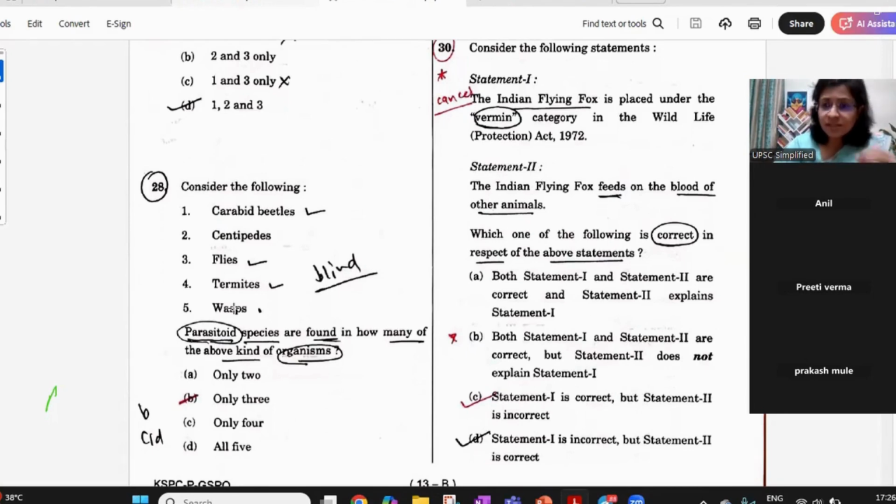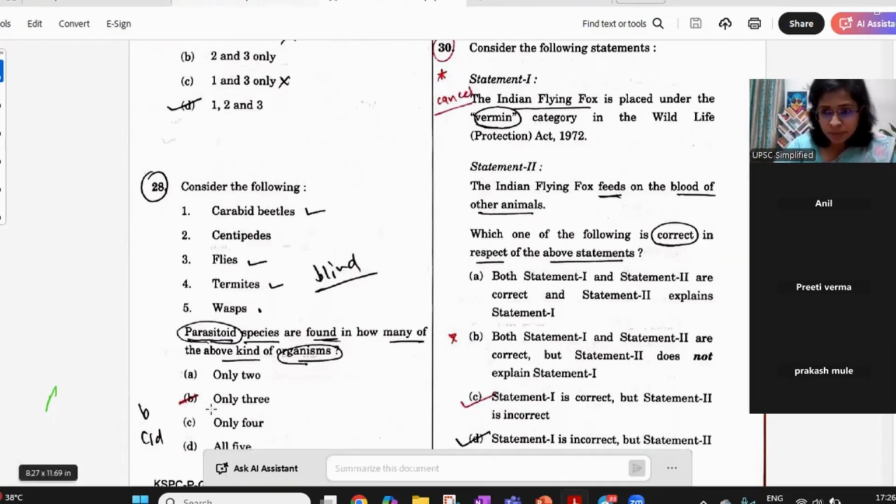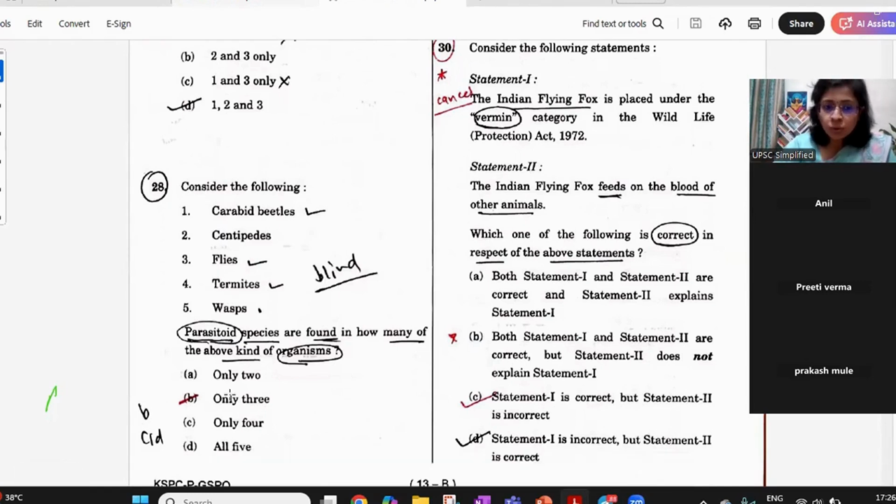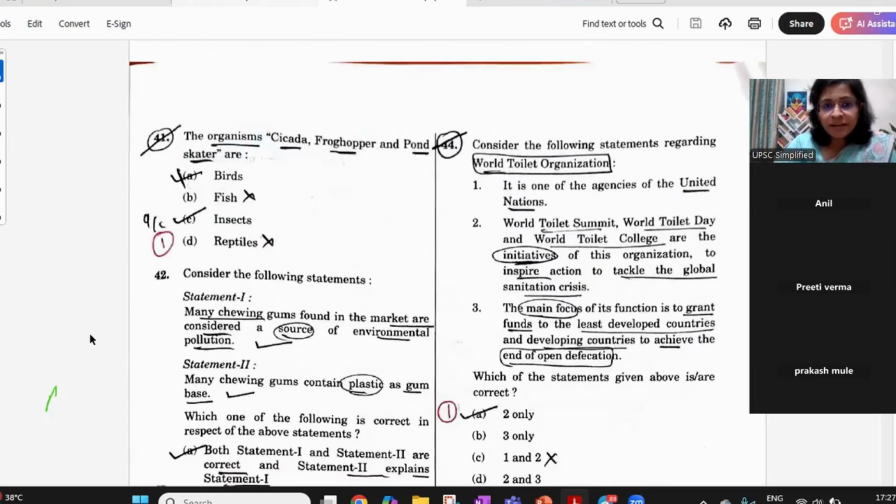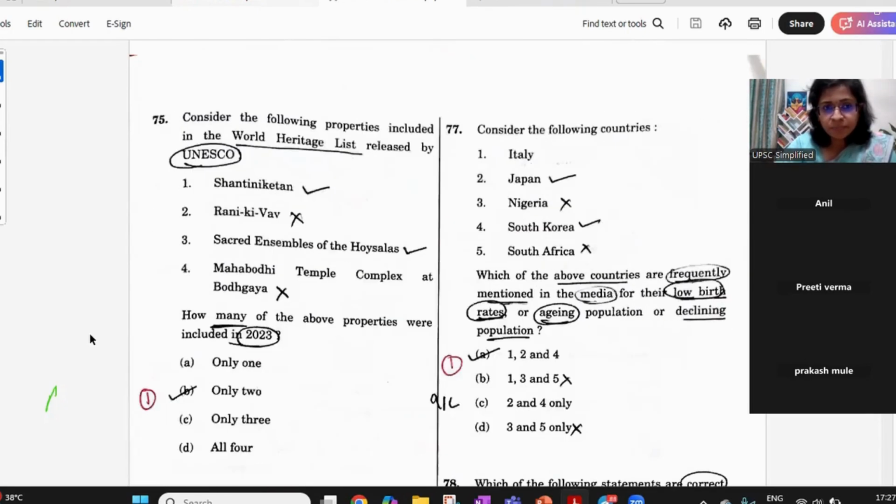Still, with some logic I was getting answer B. But I could not take the risk, because even if one is a little unknown, and the option category is also very hard. First you must know all these 5, then whether it is only 1, only 2, only 3. It was a very hard category question. Even if I could derive B, and marking it may be right, I did not do it. So I left this. Same goes with 93 and 97.